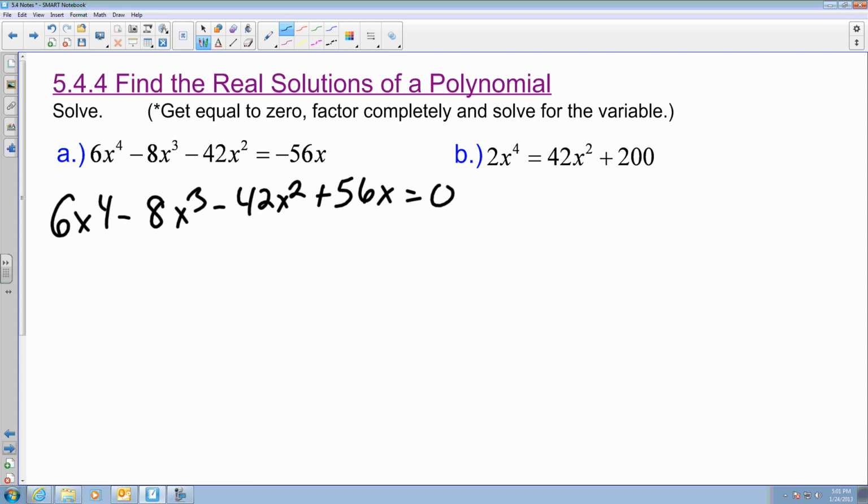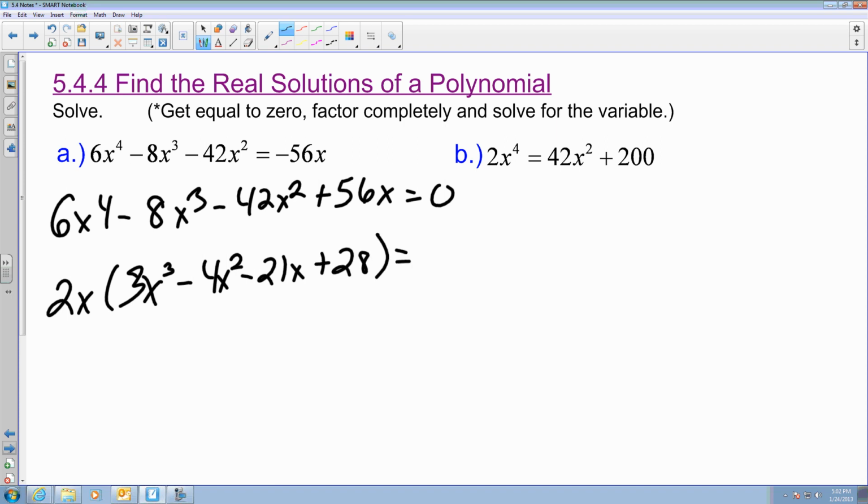Now I look at that, and I can factor out a 2x here, so that leaves me with 3x cubed minus 4x squared minus 21x plus 28 equals 0.